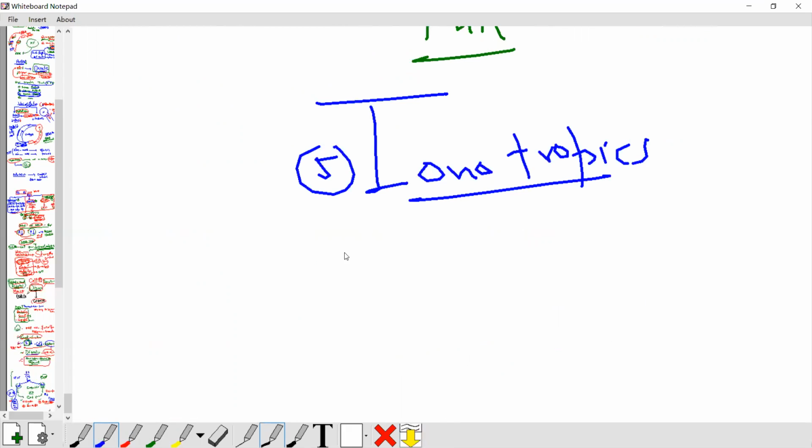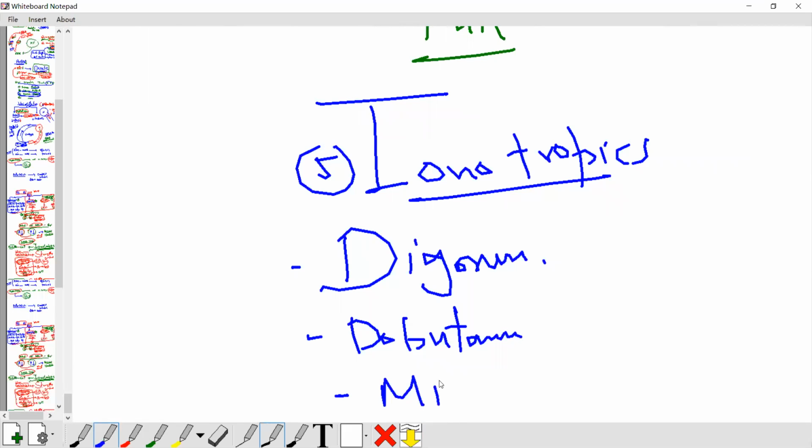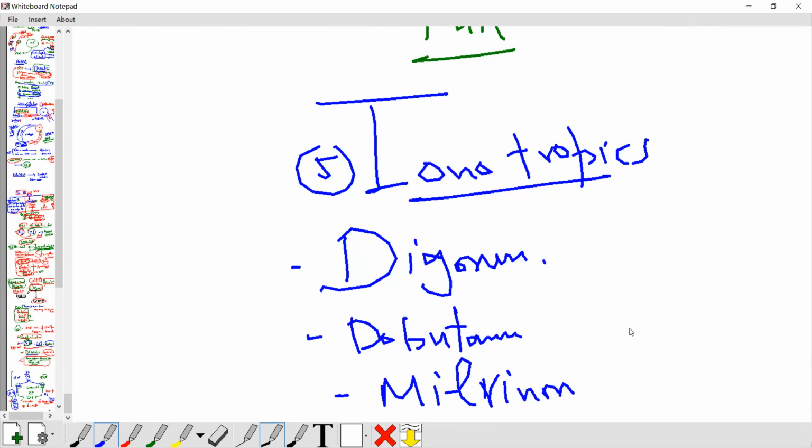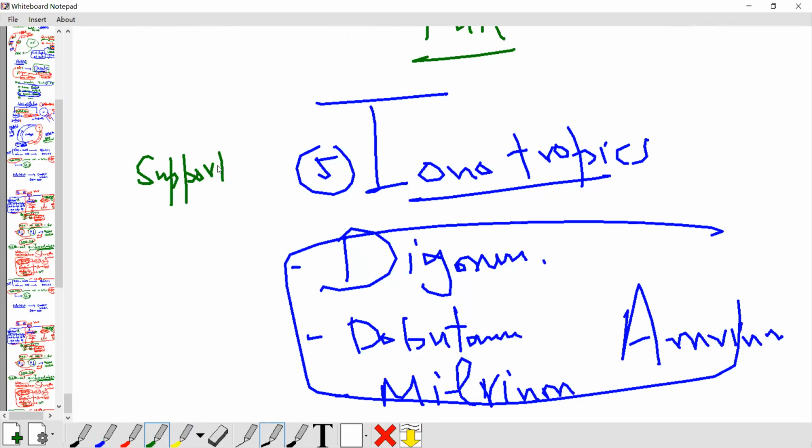Which ones? Digoxin, dobutamine, milrinone, and amrinone. Understand? What they do is support the heart for contraction.